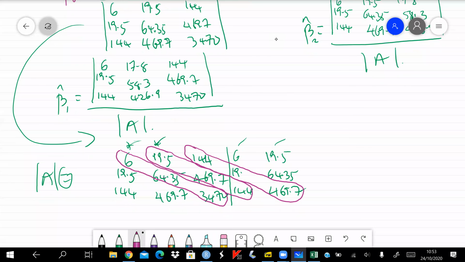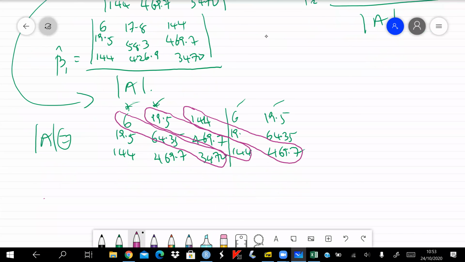Okay. So here the determinant of A will be given by multiplying the elements in each diagonal. So I have 6 times 64.35 times that 470. I hope that is correct.